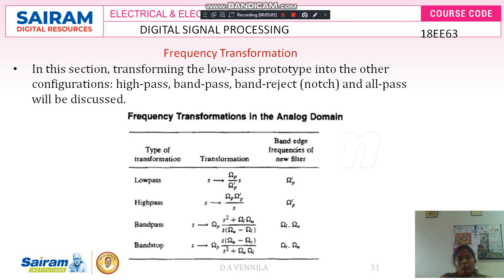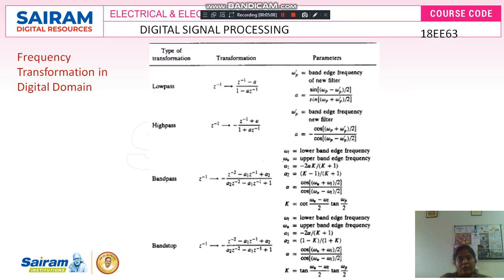Suppose you want to do the frequency transformation in the digital domain. For low pass to low pass, in the digital domain you replace z power minus 1 by (z inverse minus a) divided by (1 minus a into z inverse).